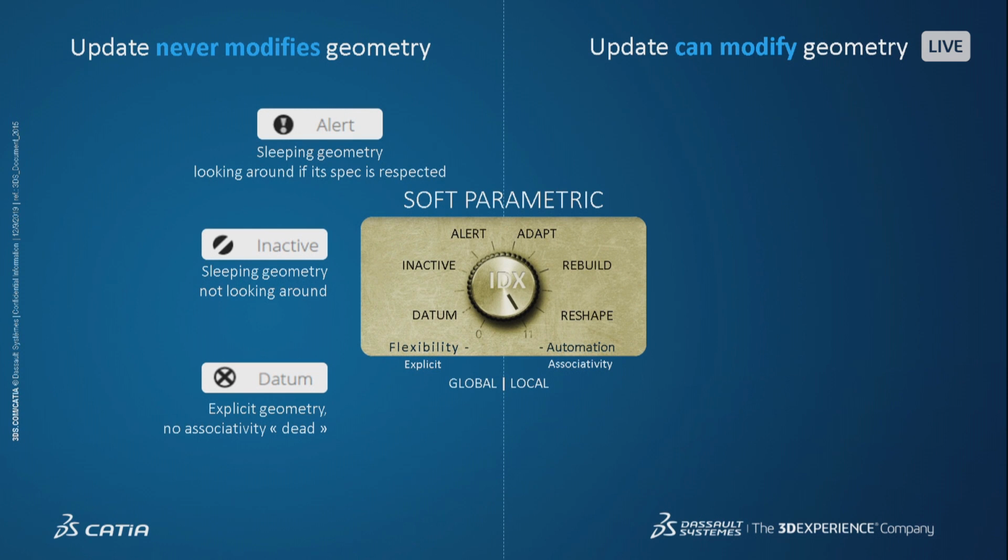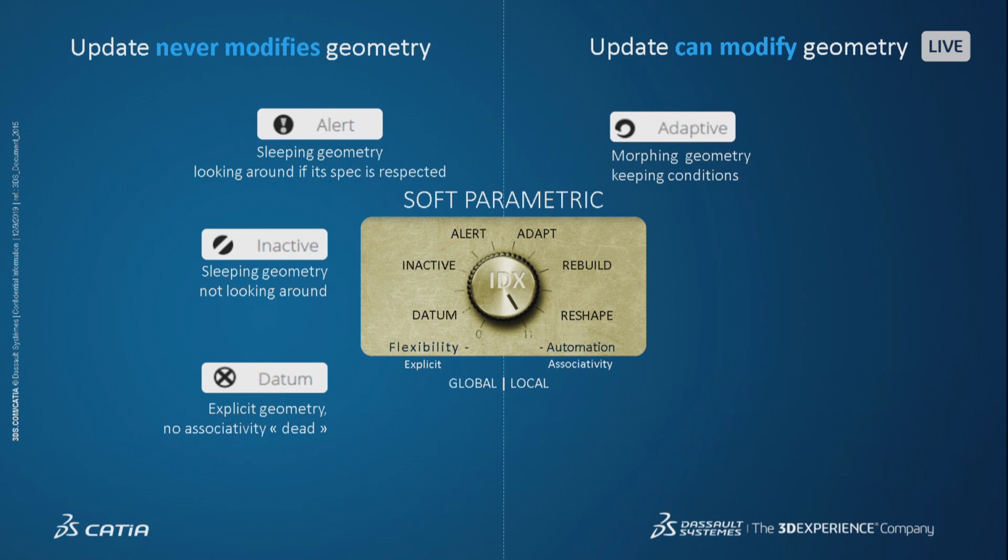For people more familiar, or people from ISM Surf that will get familiar with the parametric world, you have another mode which is adaptive. So on the right side here, all the modes I am describing will potentially move or do some computation on the geometry when I press the update button. This is the difference.